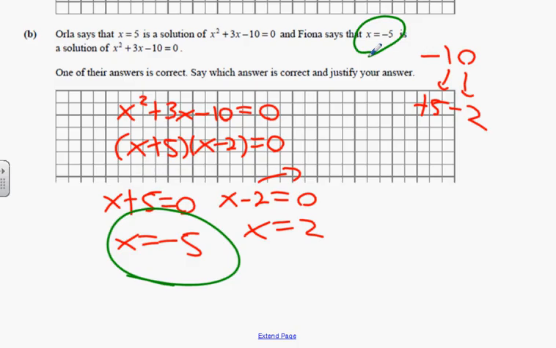So x equals minus 5 is the answer. How many people got that one now? Well done, Barry. I solved this instead of factorising. Yeah, that's what we did. Did you solve it? No, I went a bit haywire, just got a really weird answer. 30 equals 0 at some point. Yeah, okay.